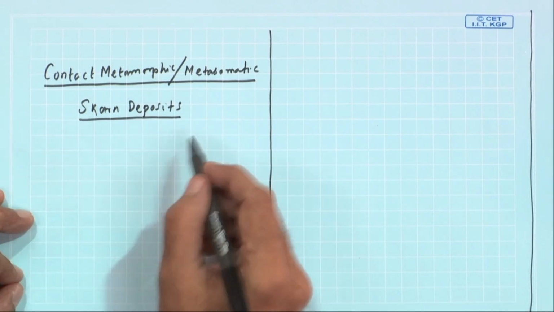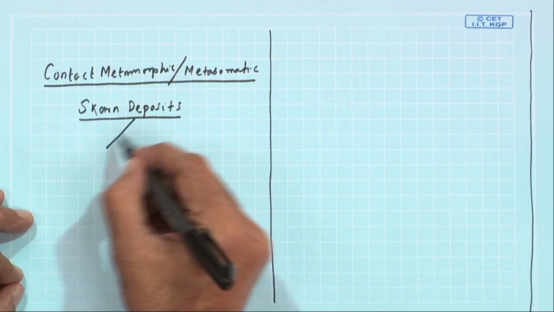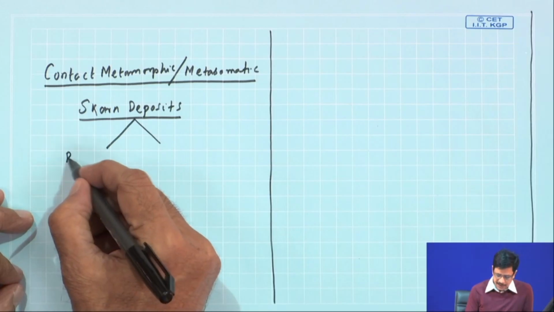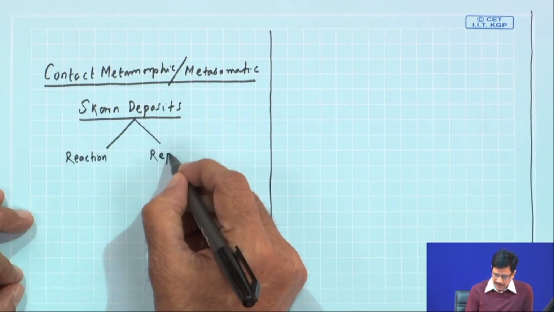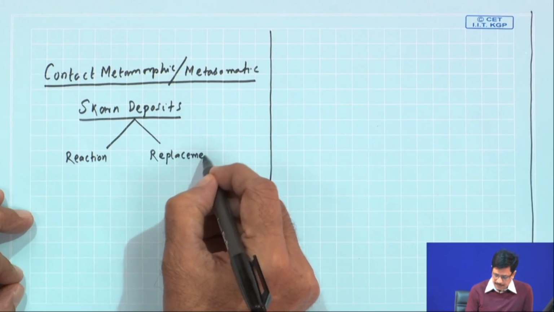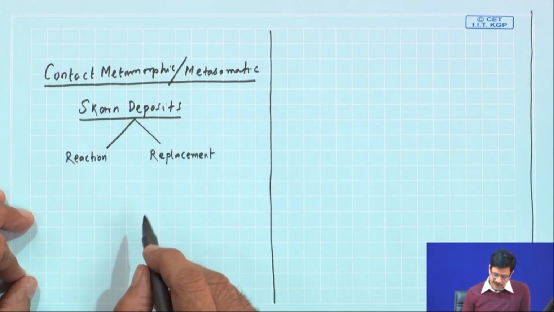In the literature, these skarn deposits have been divided into two as reaction skarns and replacement skarns, but we shall not be going by this kind of classification.